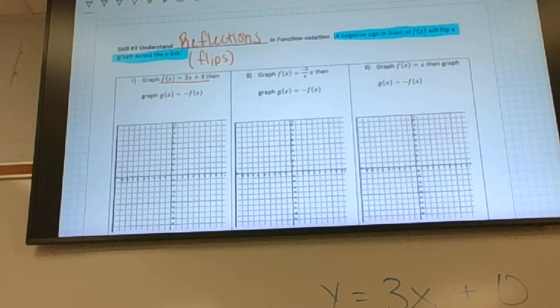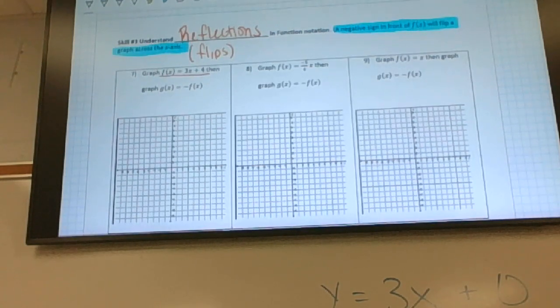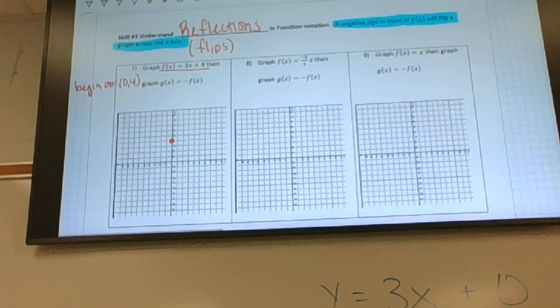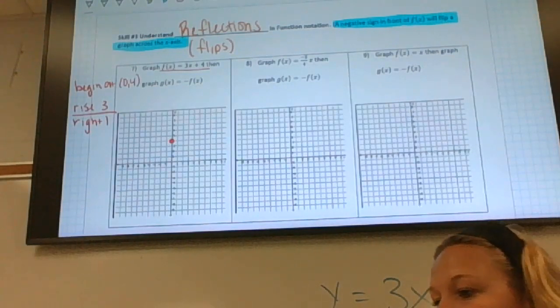You're going to begin at 0, 4, and go up 3 over 1. That's rise 3, and then move to the right 1.